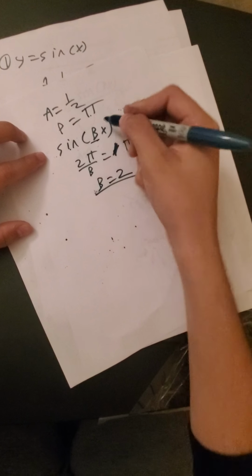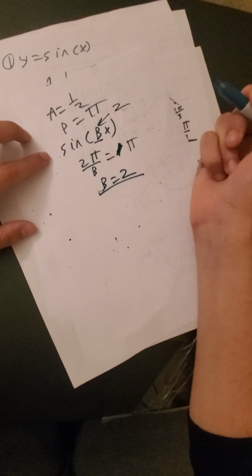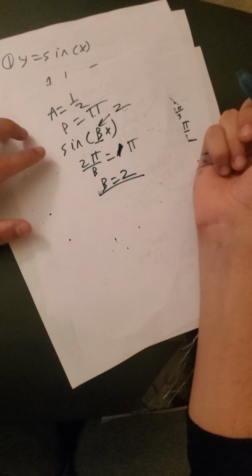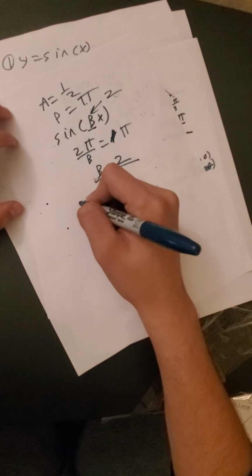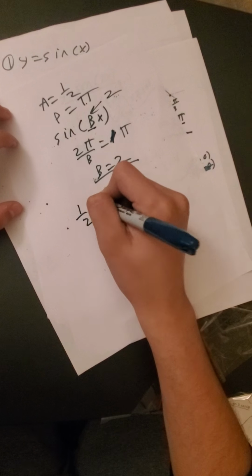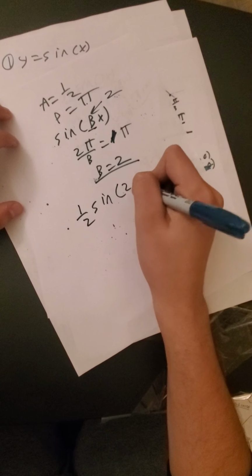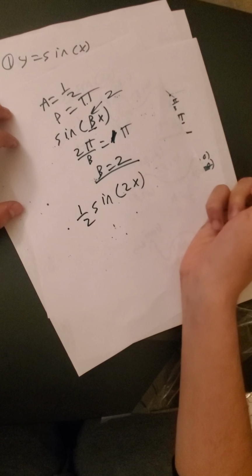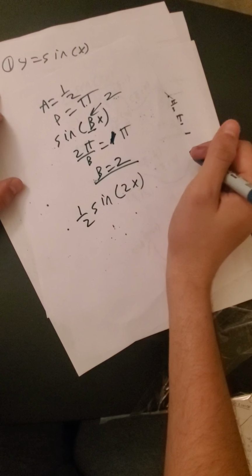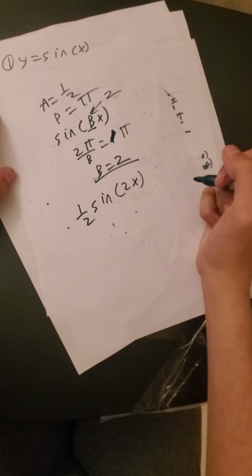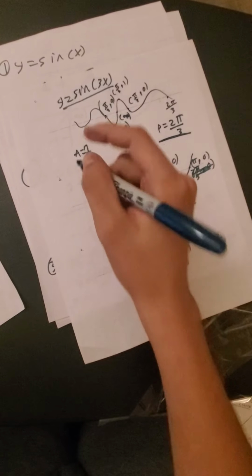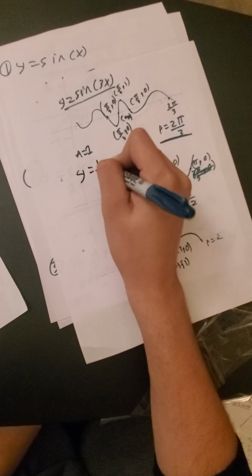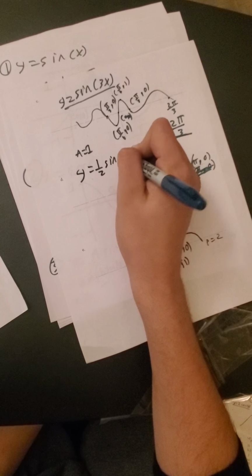So now we know that this value b is just 2. And now we can just plug in. So we know that A is 1/2, b is 2, so the answer is just 1/2 sine of 2x. Because there's no vertical shift and there is no phase shift. There is only a different period and different amplitude.